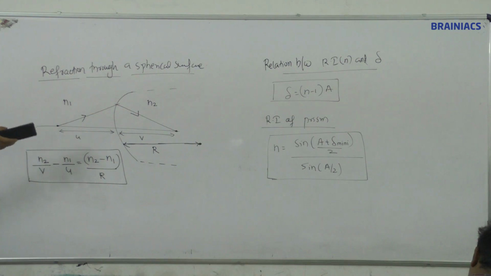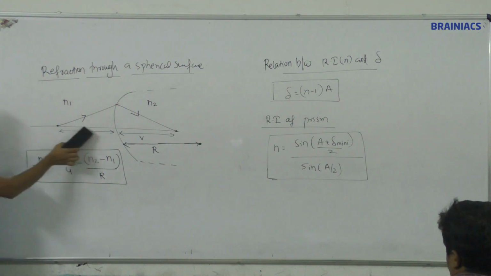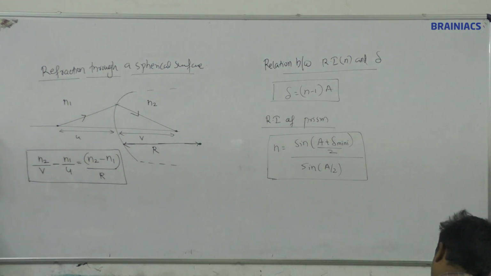These are all the formulas for the prism and refraction through a spherical surface. Again, we can derive it by taking some triangles and simplifying, but it's not needed.